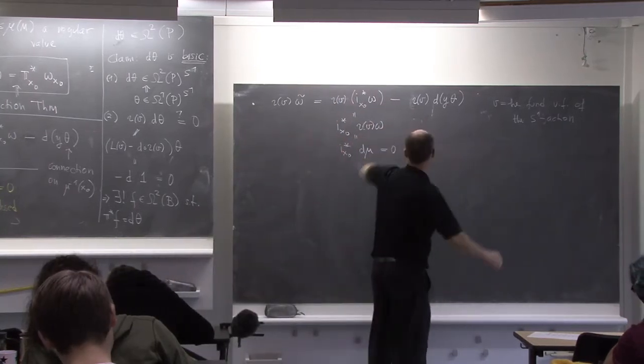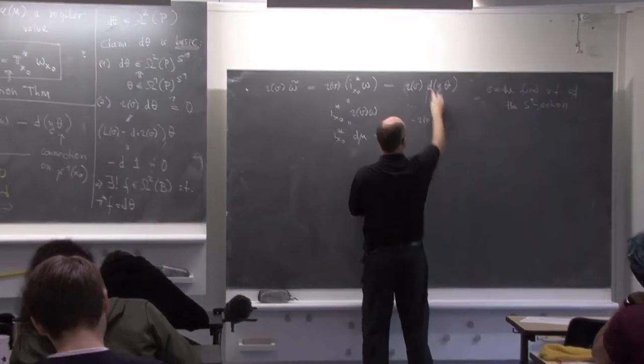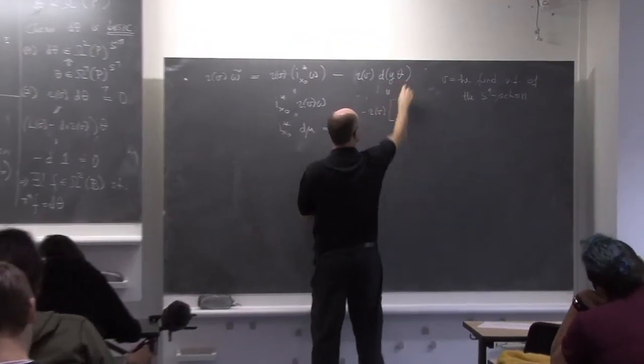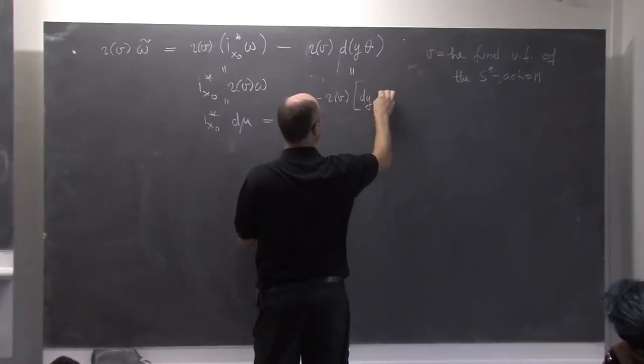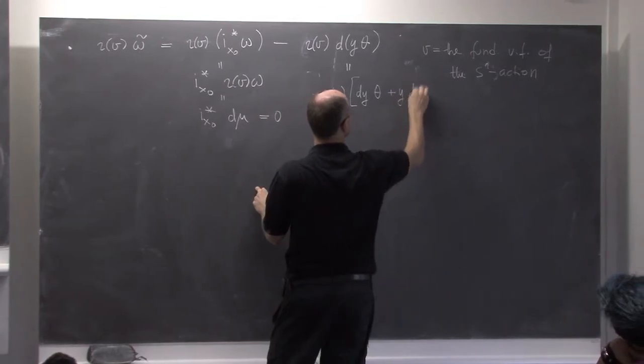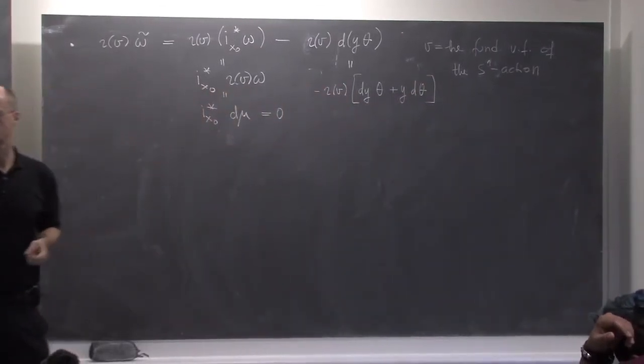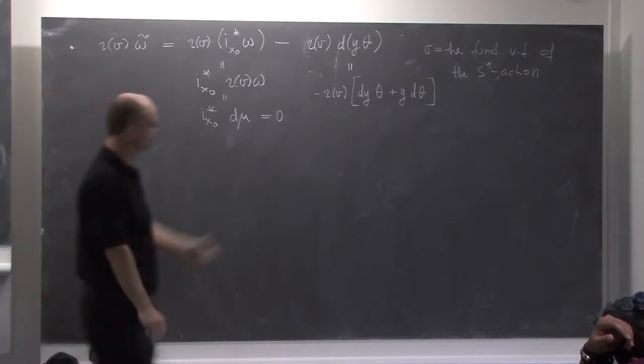Now what about this? So we have minus iota v, and maybe we write it dy theta plus y d theta. So I computed the de Rham differential.